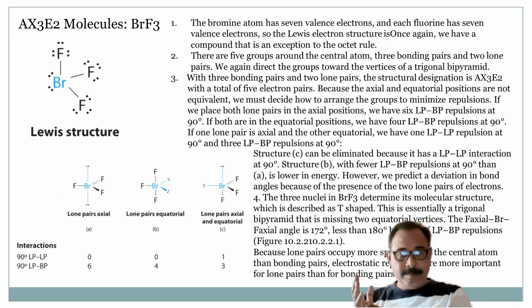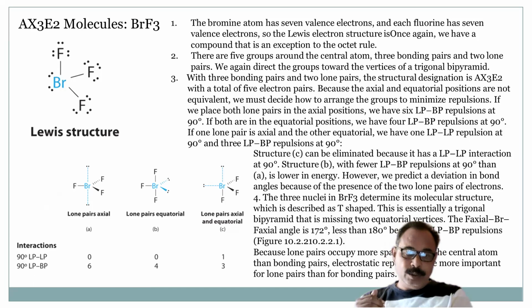With 3 bonding pairs and 2 lone pairs, the structural designation is AX3E2, with a total of 5 electron pairs. Because the axial and equatorial positions are not equivalent, we must decide how to arrange the groups to minimize the repulsions.